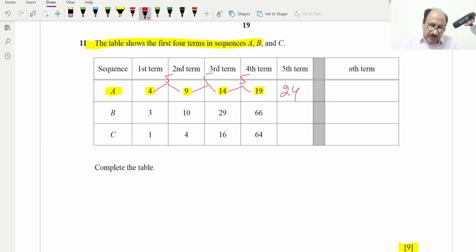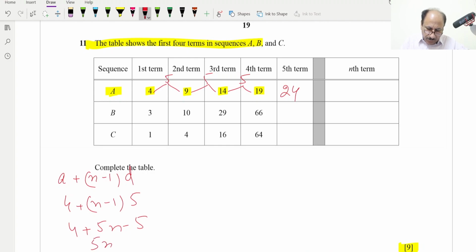And we can find the nth term by the formula a plus n minus 1 into d. A is 4 and d is 5. So 4 plus 5n minus 5, and this will simplify to 5n minus 1. So our nth term will be 5n minus 1.